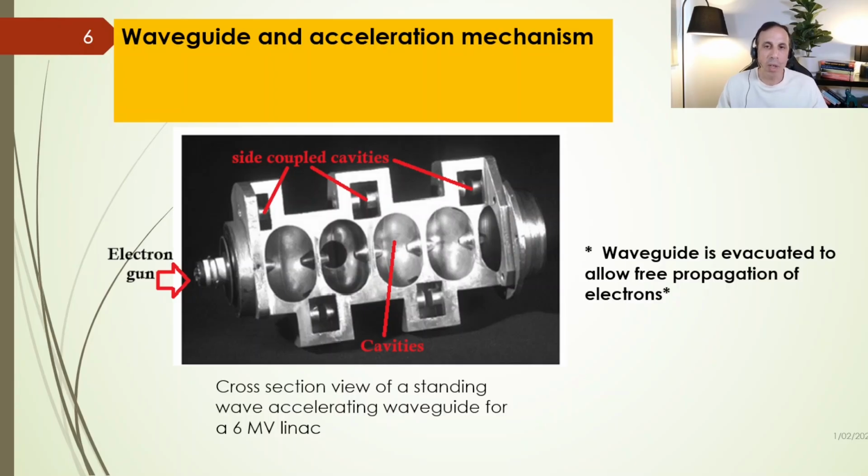We call these irises. It is very similar to the iris in our eye. These irises form resonant cavities that shape the electric field used for acceleration. The electrons are accelerated in the accelerating waveguide by means of energy transfer from high power RF fields, which are set up in the cavities and are produced by the magnetron.